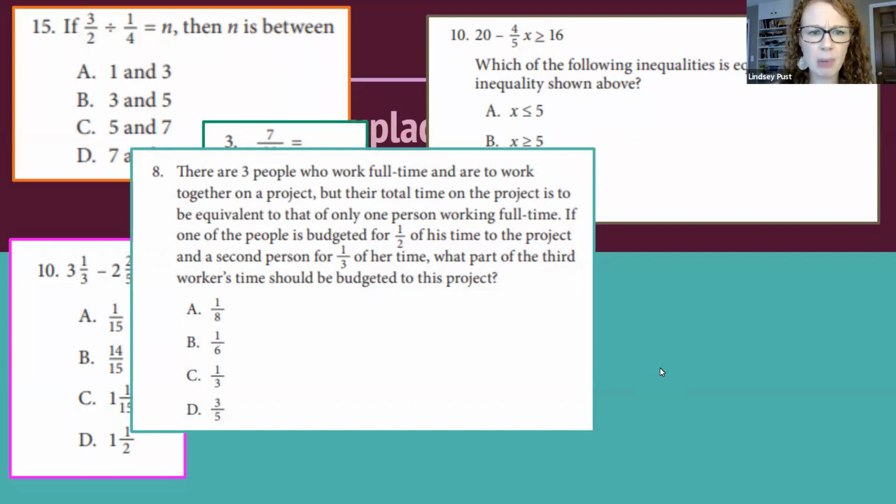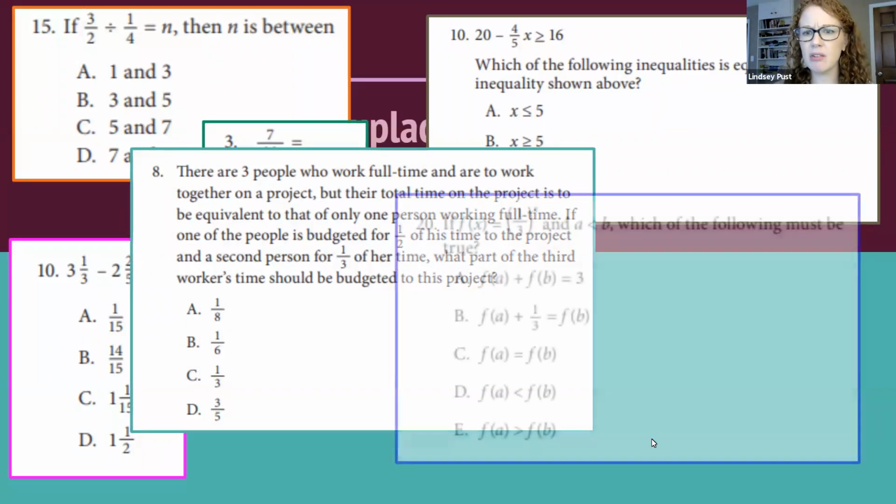Thinking about a context problem when they're talking about budgeting for half the time and then a second person a third of the time. And what does that look like for the third person then that's brought in order to make one full-time position? So I have a third, I have a half, and now what do I need to make one full-time position? Being able to reason through that problem.